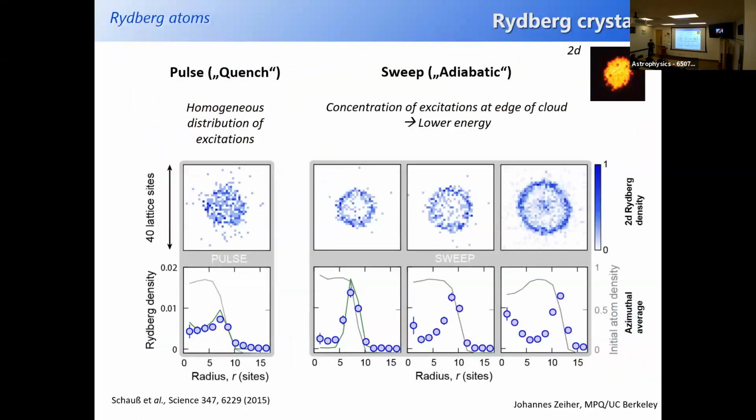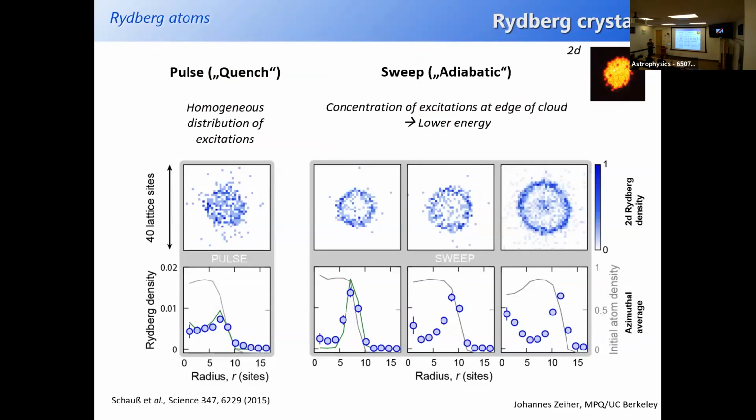Then, of course, this was a 1D result. The question is, can we do this in 2D? The answer is it's possible, but it's way harder. We couldn't do it adiabatically, but what we can do is compare just hitting the system with a hammer, doing a quench experiment, with a near adiabatic sweep.